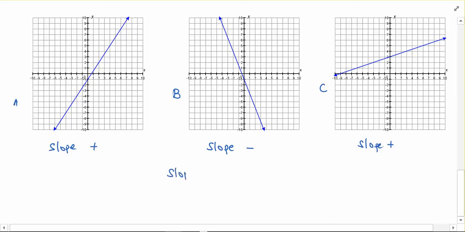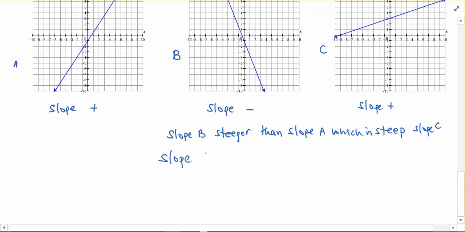Slope B is steeper, so the slope score is going to be bigger than slope A, which is certainly steeper than slope C. Or we could say slope B is bigger than slope A if we didn't care about the plus and the minus, which is greater than slope C. Can we find these? That's our guess.